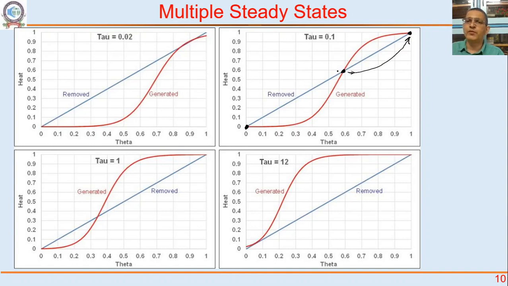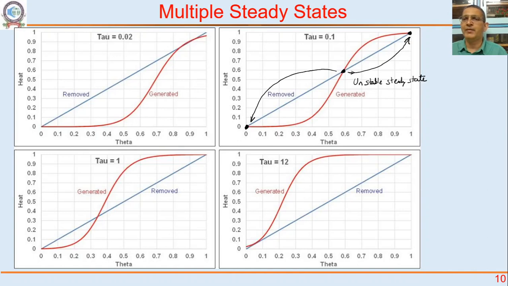If it shifts to the left a little bit, if temperature falls by a disturbance in inlet temperature or whatever, then the heat removed is more than the heat generated, and it will shift to the lower steady state. That means this middle steady state is an unstable steady state. If I have to make my reactor operate at this steady state, I have to have a very nice control strategy.